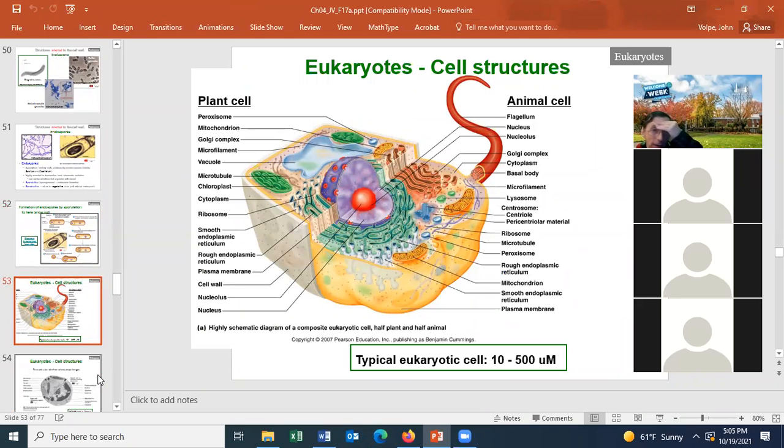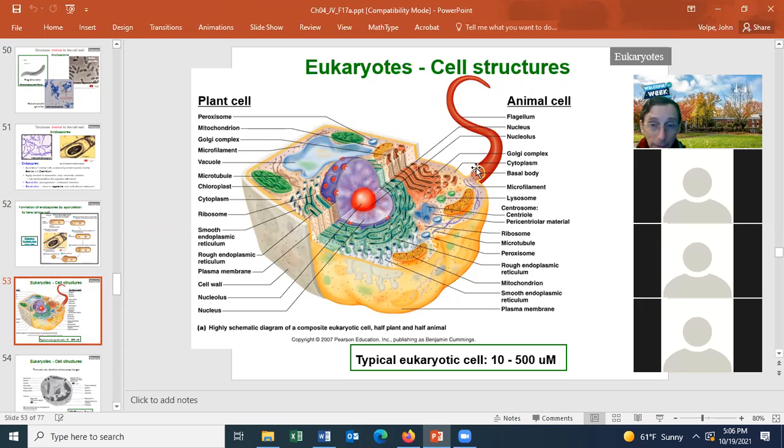We're now going to talk about eukaryotes and their cell structure. We have on the right side an animal cell, and on the left side a plant cell. And they have a lot of organelles which are the same. It doesn't show a flagellum on the plant cell, but actually some plant cells do have a flagellum.